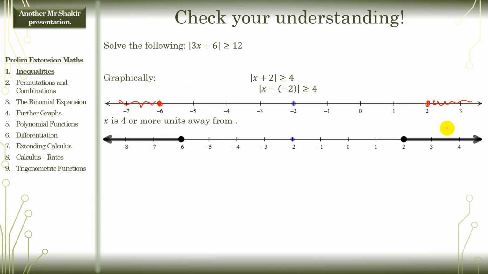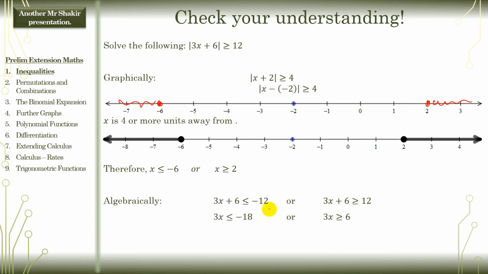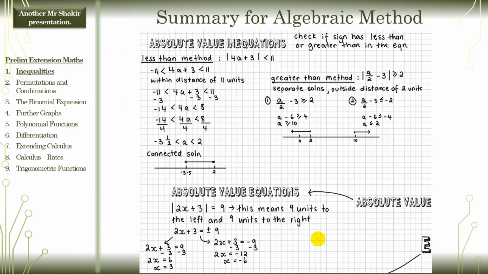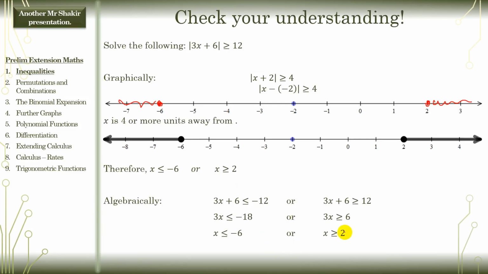And just describe it algebraically, and you get our solution. Now, if you do it algebraically, you have to make this more than 12, or flip the sign, make negative, right? It'll be either of these two. Solving each one algebraically, fairly straightforward, and you get the answer.